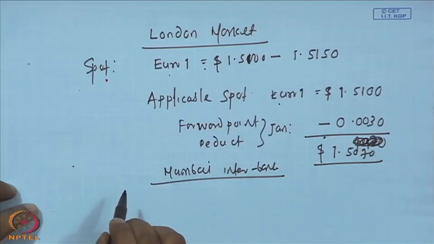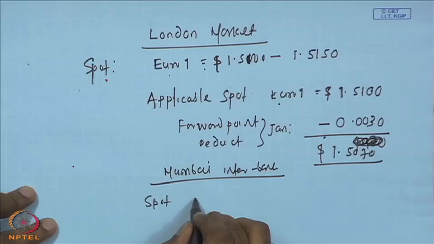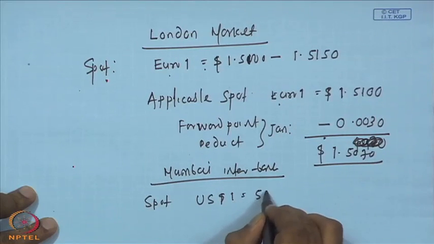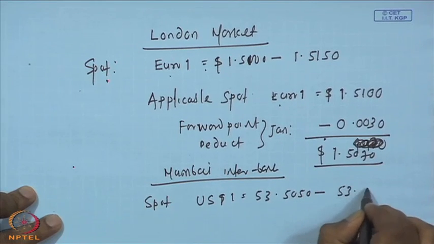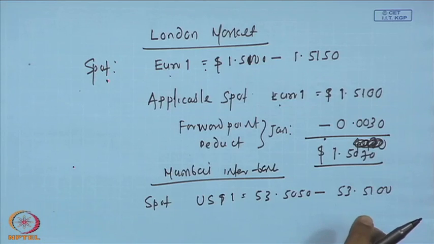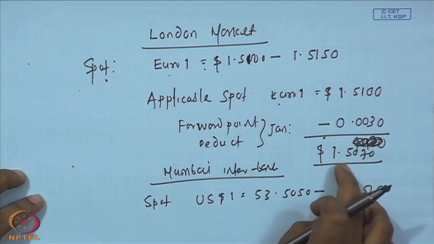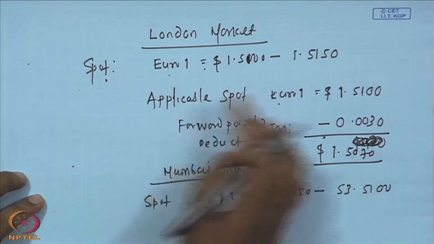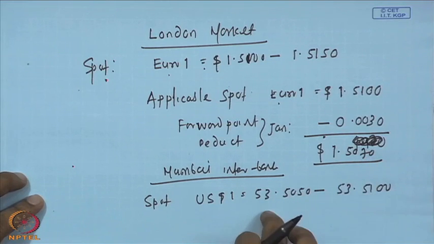In the Bombay interbank market, the spot between dollar and rupee is 53.5050 and 53.5100. But what am I doing? I am selling dollar. I got dollar from the London interbank market, when I sold euro and got dollar, and that dollar I will be selling in the Indian market to get rupee.